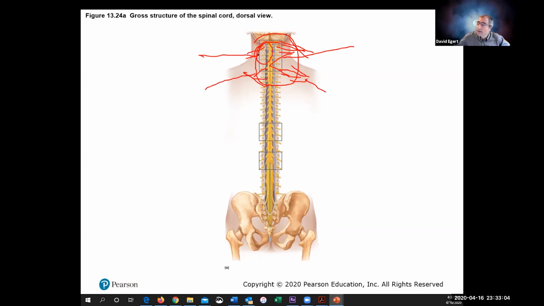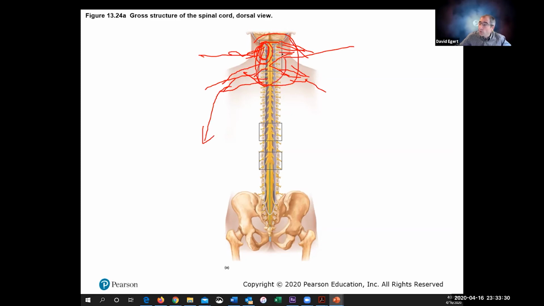What is the area of kind of interweaving nerves that come from the very top spinal nerves? Cervical plexus. Yeah, the cervical plexus, which had the phrenic nerve coming down to innervate the diaphragm. And then the lower cervical nerves become the brachial plexus, which are going to come down and serve your arm.